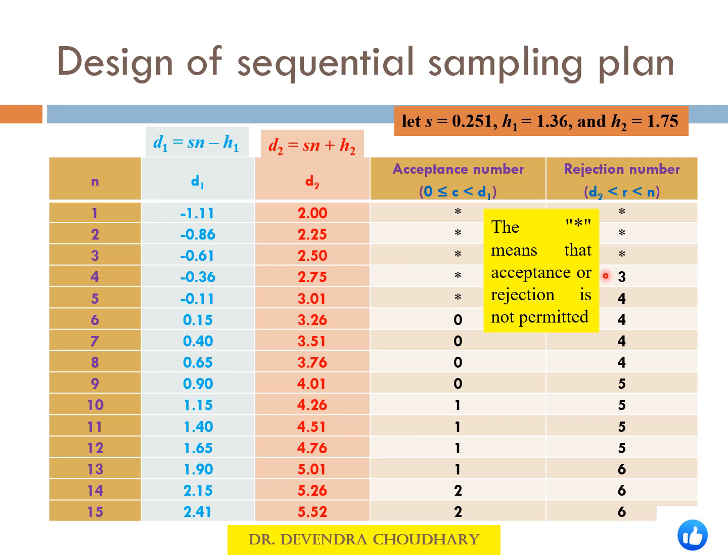If you get 4 combined defectives after 4 samples, you can reject the lot. But if you find 0 defectives up to the 5th sample, you cannot accept it because it is not permitted due to the negative value of D1.